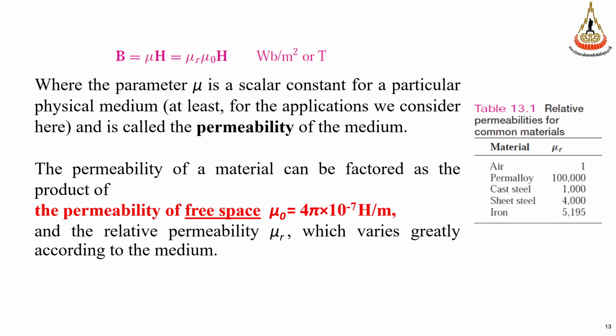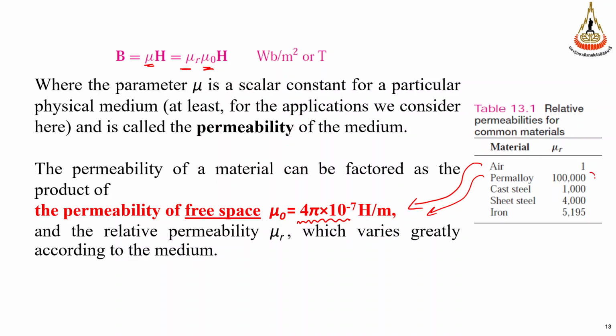We represent mu of the material as mu r times mu zero. For example, the permeability of air is equal to free space, so mu r is 1. For permalloy it is very high, about 100,000 times free space.